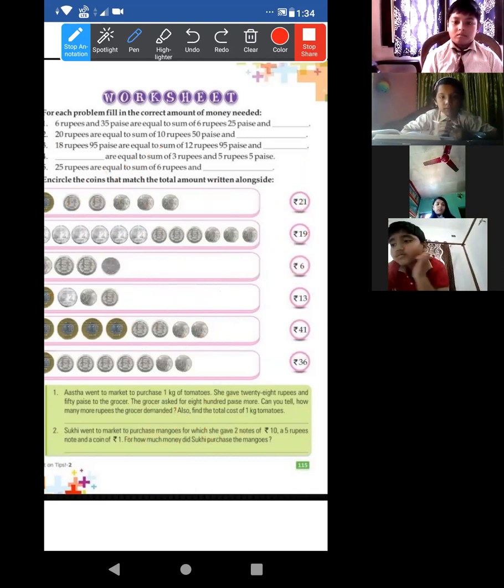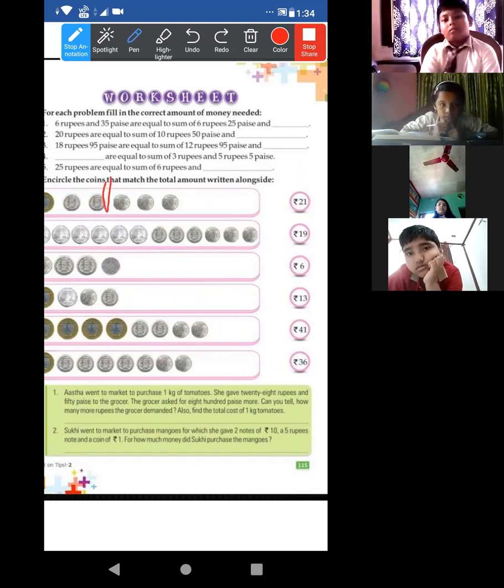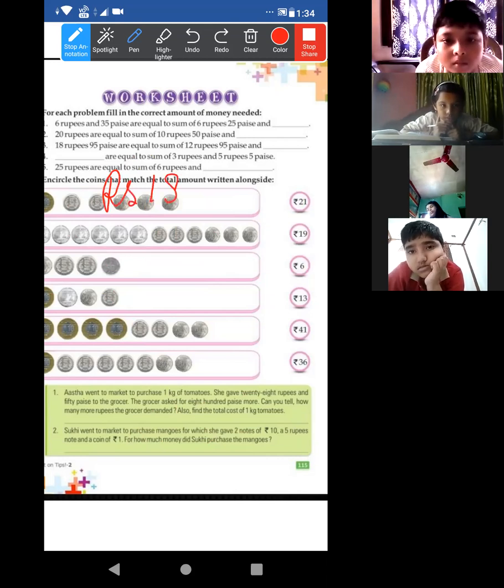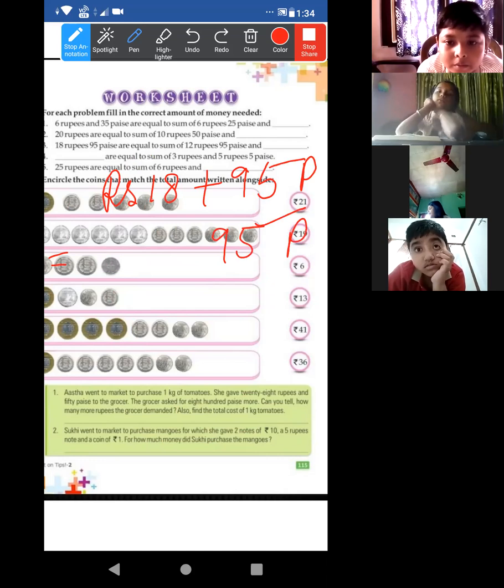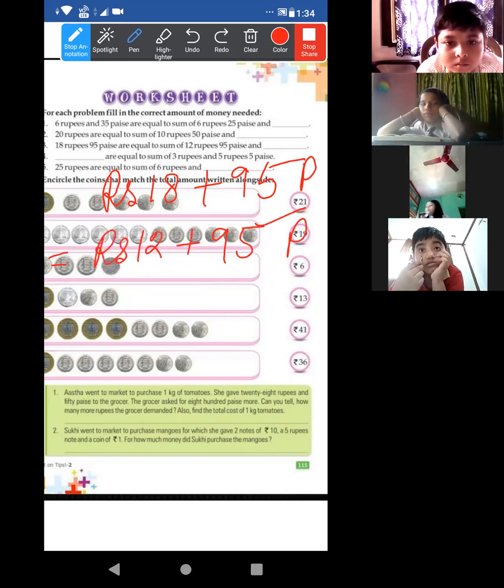Acha, Spandon, look at this. Those who have not understood this one, look. It is given how much rupees? 18. And how many paise? 95. That will be equal to, it is given 95 paise same, huh? Spandon, but in place of 18 rupees, it is given 12. But is it correct? No, no. Because here it is 18.